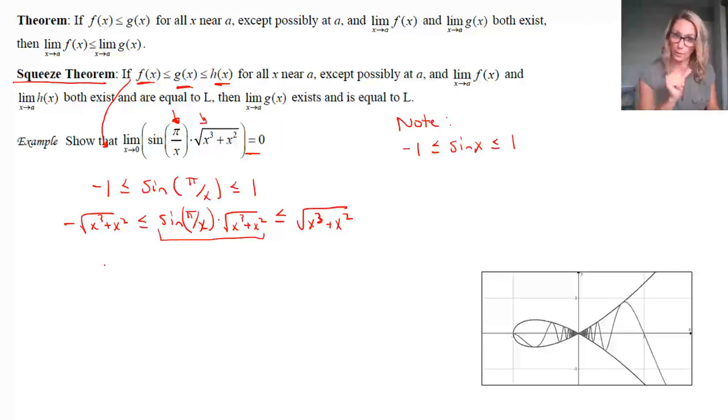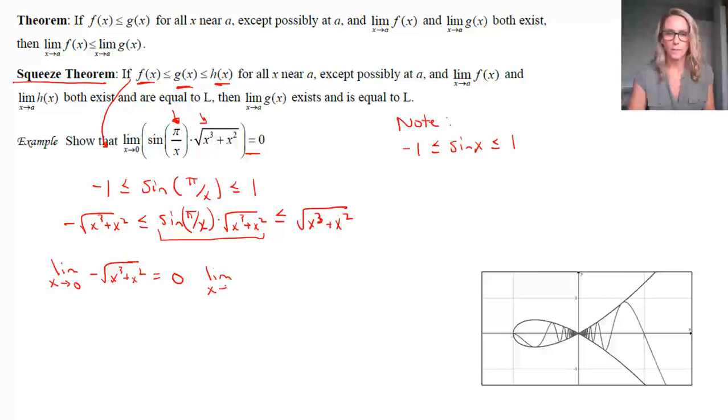But now we squeeze it. We take the limit as x approaches 0. We look at the limit as x approaches 0 of negative square root of x cubed plus x squared. Hopefully you notice that you can plug in 0 and you get 0. You can do that to the other side as well: the limit as x approaches 0 of the positive square root of x cubed plus x squared.